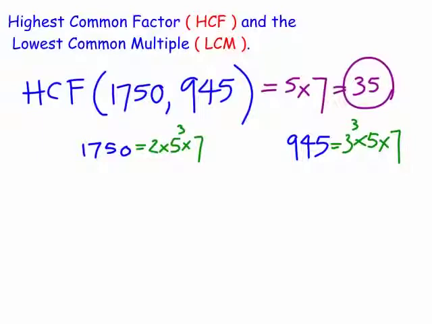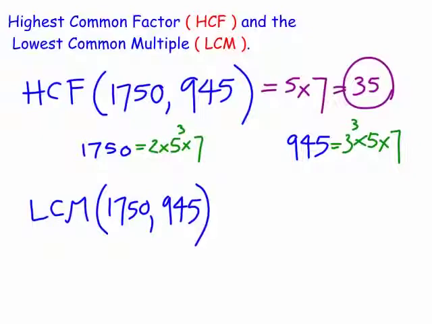Now let's do the LCM. We want the LCM of 1750 and 945. How would we do this? First, you have to write down all the primes: 2, 3, 5, and 7. So 2 times 3 times 5 times 7.